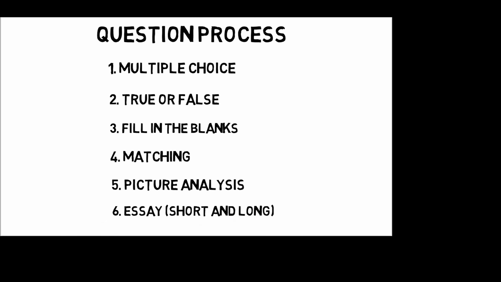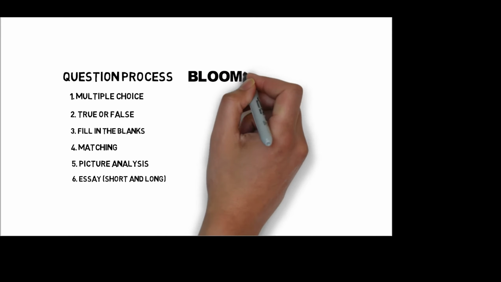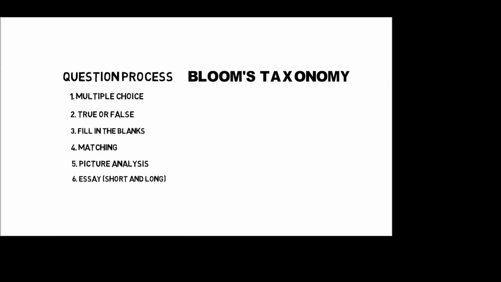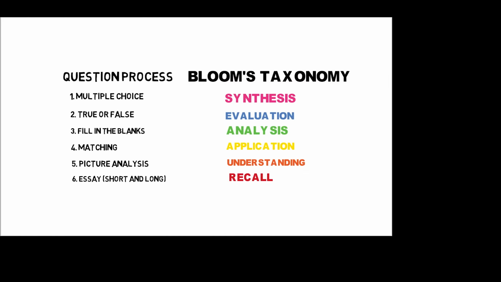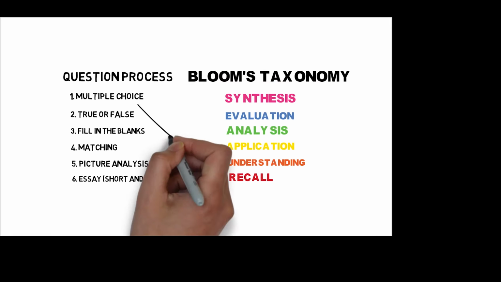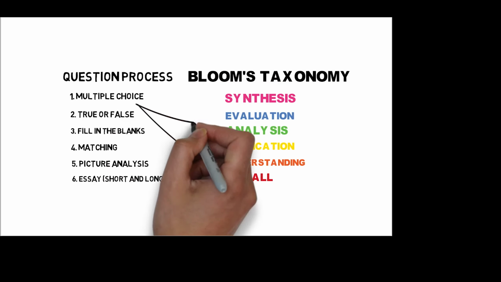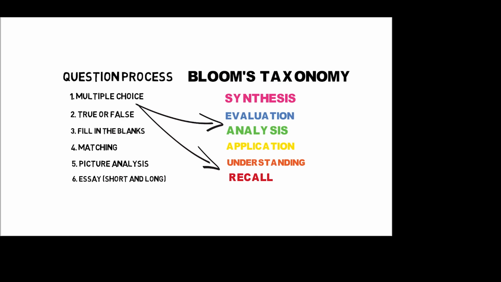Now, if we start matching question types with the hierarchy of Bloom's taxonomy, it might be clear to us that some question types will belong to a particular process. We can match recall with any of the lower levels of cognitive functions, while higher level difficulties may be predominant in essay questions.